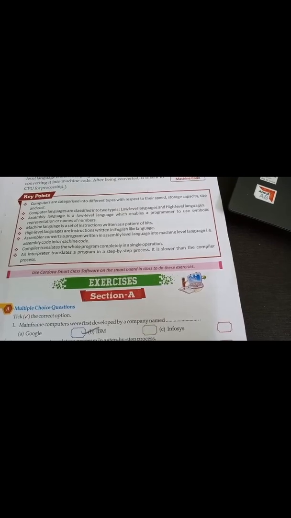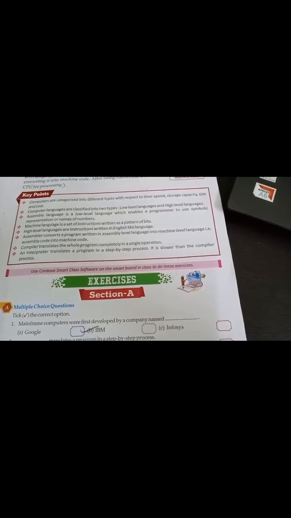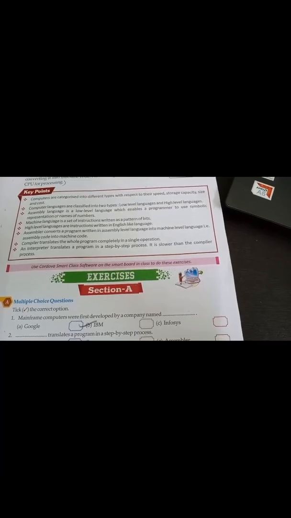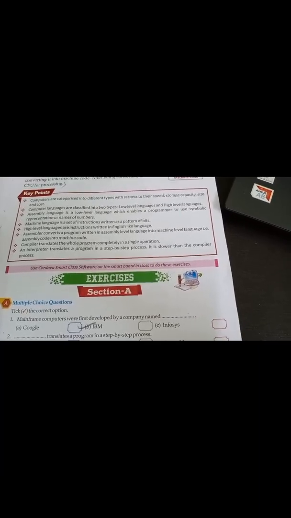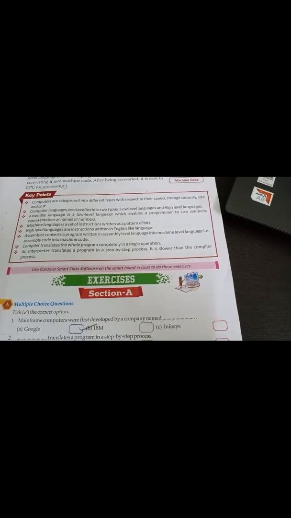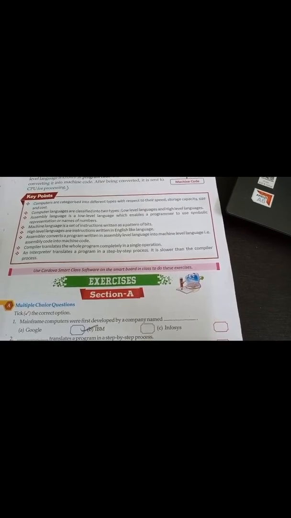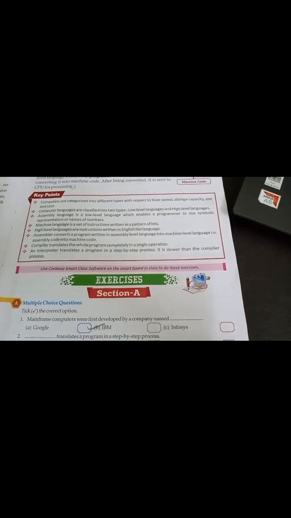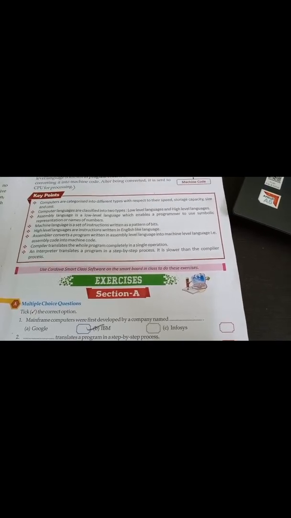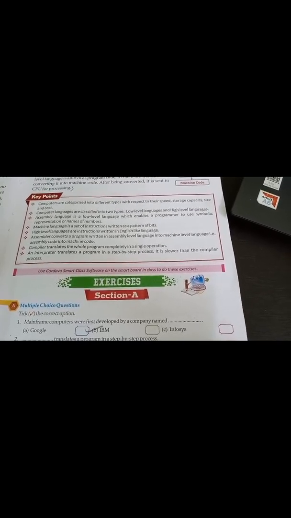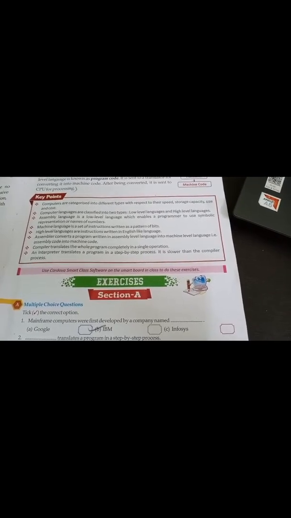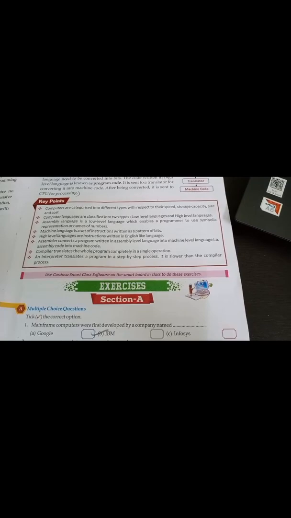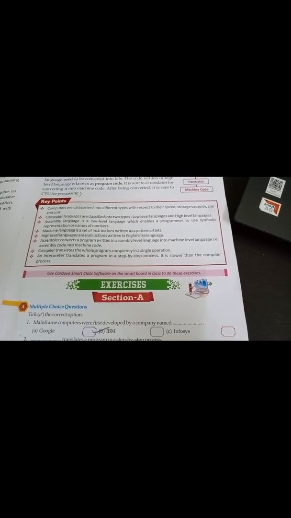Assembly language is a low-level language which enables a programmer to use symbolic representations or names of numbers. Then, machine language is a set of instructions written as a pattern of bits. Then, high-level languages are instructions written in English-like language.